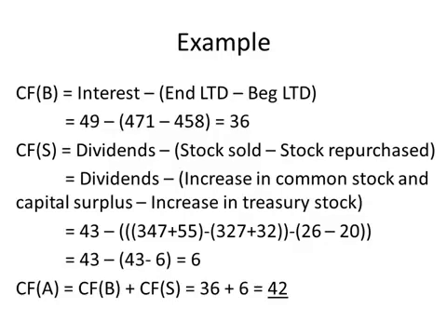And so my calculation becomes 43 minus (43 minus 6), or 43 minus 37, which gives us 6. And we know that the cash flow from assets has to be equal to the cash flow to creditors plus the cash flow to shareholders. So we merely add 36 and 6 together and get 42.